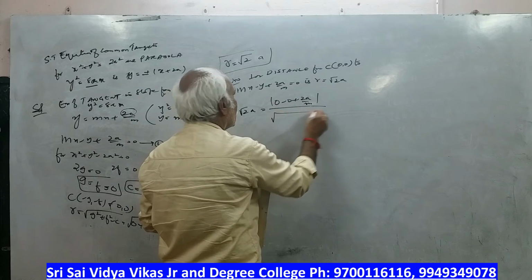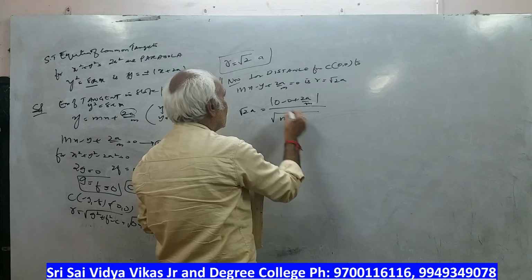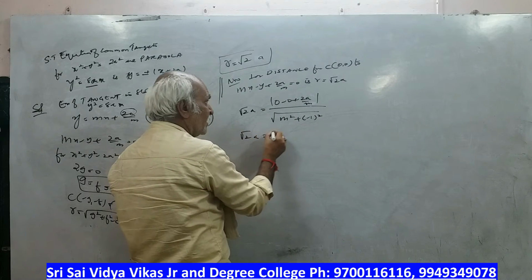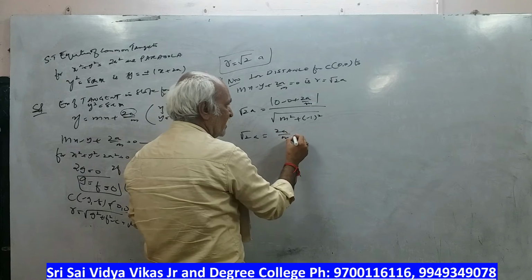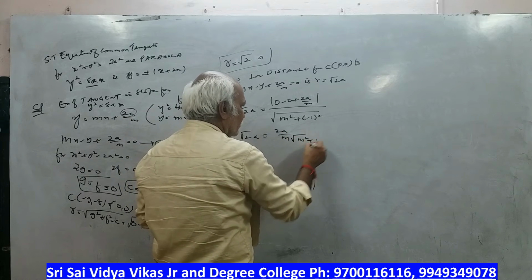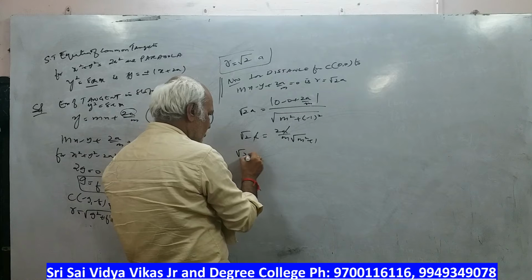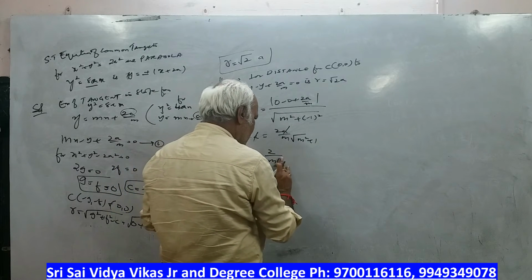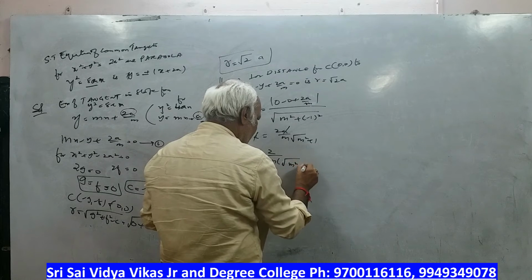modulus by root of the x coefficient m square plus the y coefficient minus 1 square. So root 2a is equal to 2a by m over root of m square plus 1. Root 2 is equal to 2 by m into root of m square plus 1.